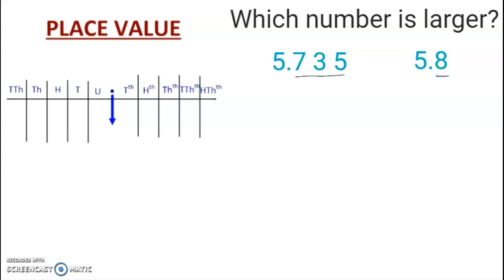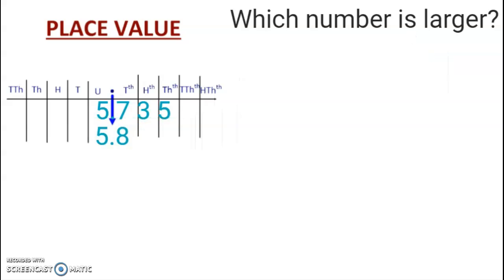So if I'm using my place value method that we've been looking at so far, I can move 5.735 to here with the decimal point under the decimal column. And I can move 5.8 over here with the decimal point under the decimal column. And then as that second number isn't long enough, I need to put two place value holders under the hundredths and the thousandths column.